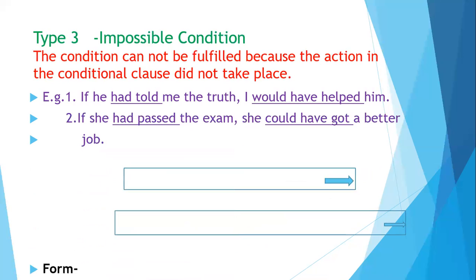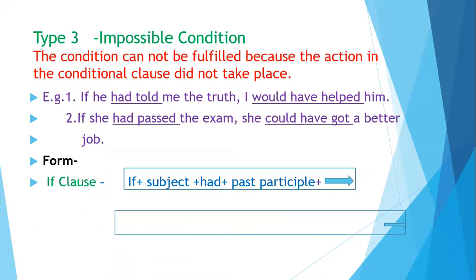Now let's look at the form of the conditional clause. If clause. If clause has the conjunction if, then the subject, had plus the past participle form of the verb.